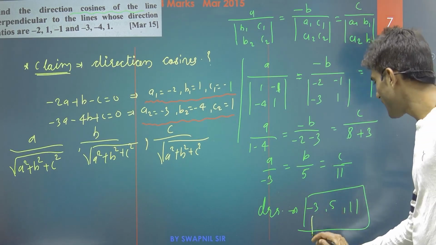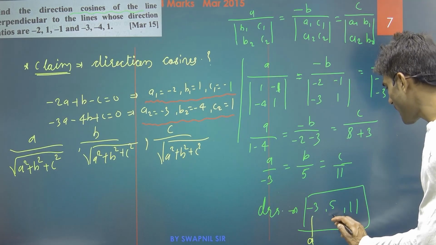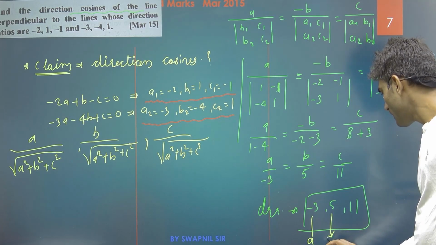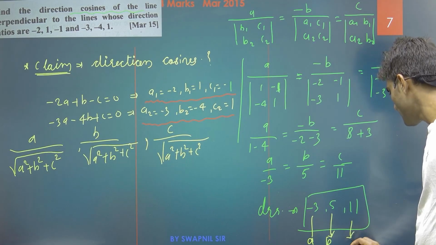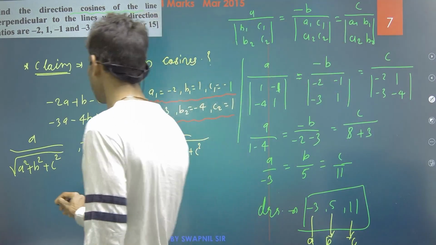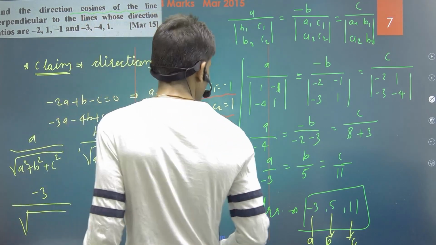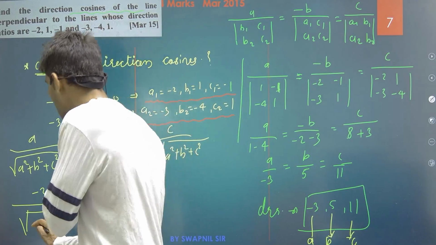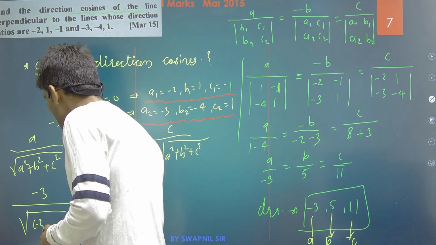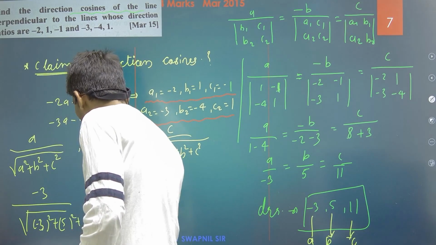We have the direction ratios: minus 3, consider it as a, 5 as the second direction ratio, and the third direction ratio is c. Now substitute all the values. A is minus 3 divided by square root of minus 3 square plus 5 square plus 11 square.